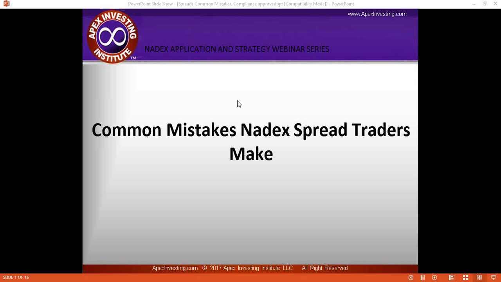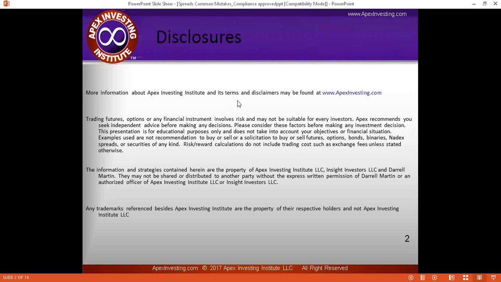So let's knock out our disclosure so we can jump right in here. Trading futures, options, or any financial instrument involves risk and may not be suitable for every investor. And any examples used are not a recommendation to buy or sell or solicitation to buy or sell futures, options, bonds, binaries, or Nadex spreads of any kind.